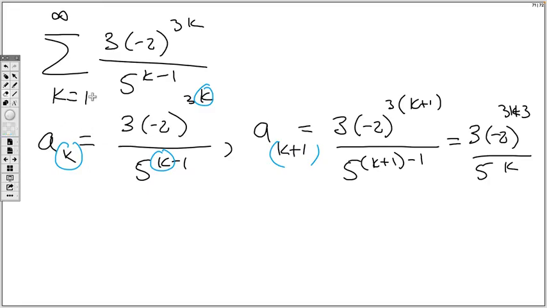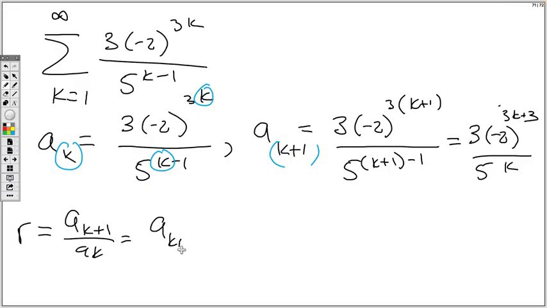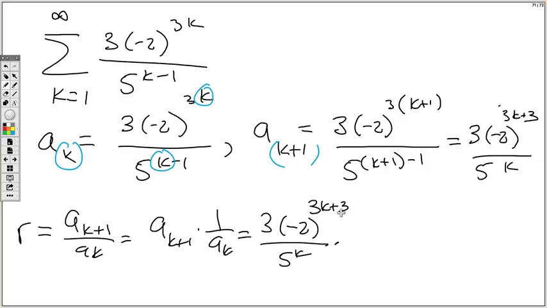Okay. So, to prove it's geometric, I need to take the ratio of a k plus 1 over a k, or a k plus 1 times 1 over a k. So in this case, that's 3 times the negative 2 to the 3k plus 3 over 5 to the k times the reciprocal of a k.